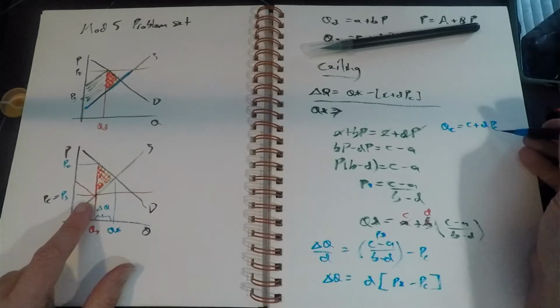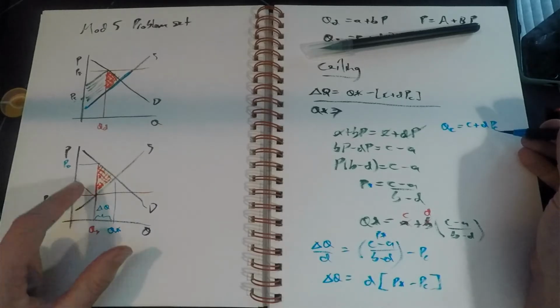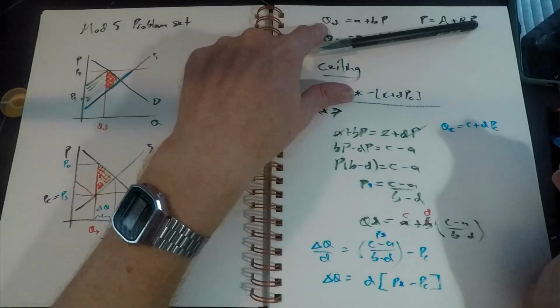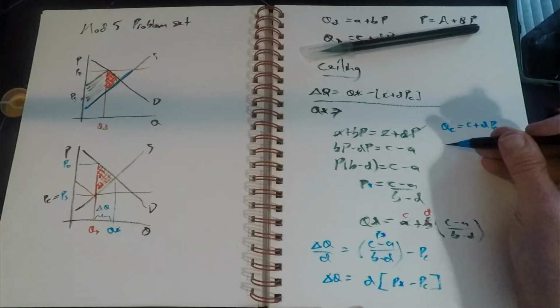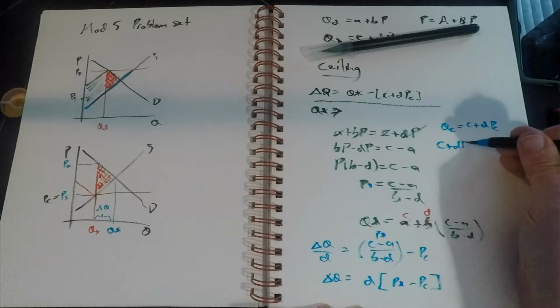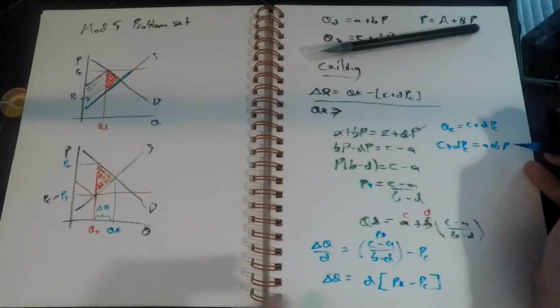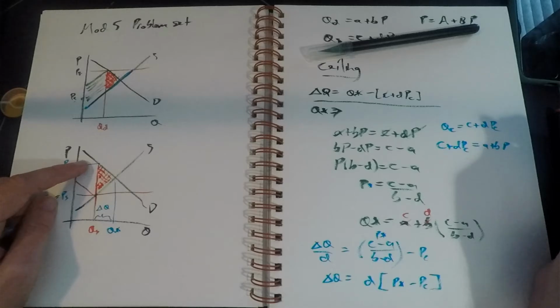So we plug this figure into our demand curve. Since this is a quantity, we put it on the quantity side. So we say C plus DPC equals A plus B PC, and we're P on the demand curve, and we're going to solve for that.